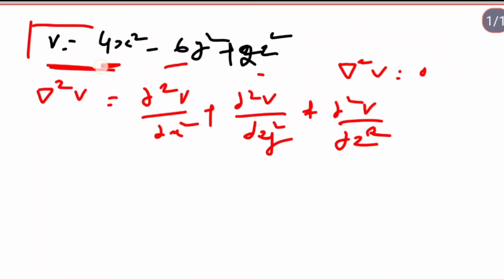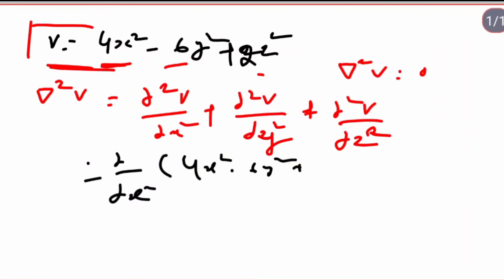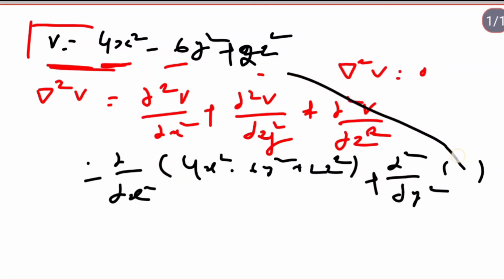Now we apply this partial differentiation to V, that is dou square by dou x square, plus dou square by dou y square, plus dou square by dou z square of 4x square minus 6y square plus 2z square.